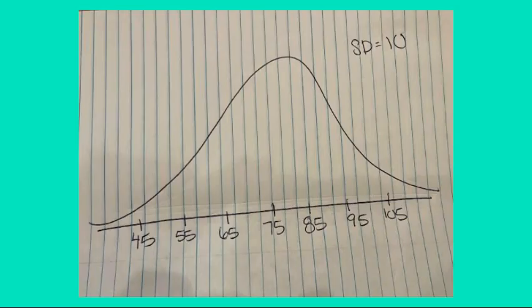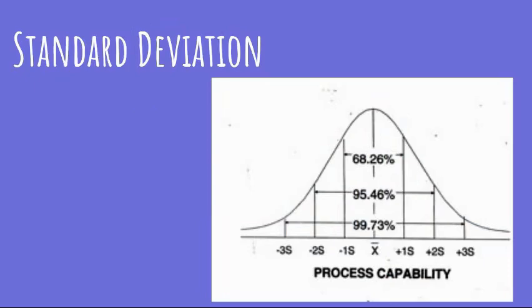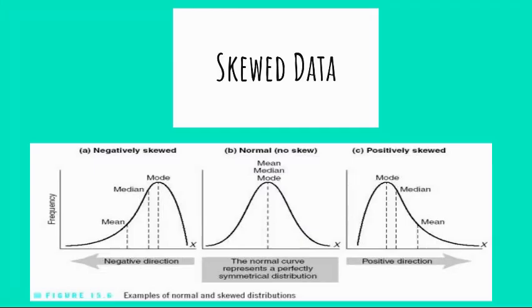So if given the information, mean and standard deviation, you should be able to plot it on a normal bell curve, and you should be able to draw 3 conclusions using your numeric data. 68%, right? 95%, and 99%. This is assuming that we fall on a normal bell curve.